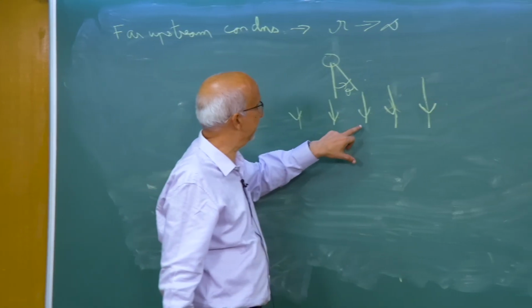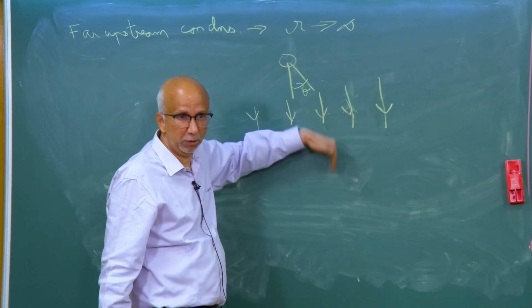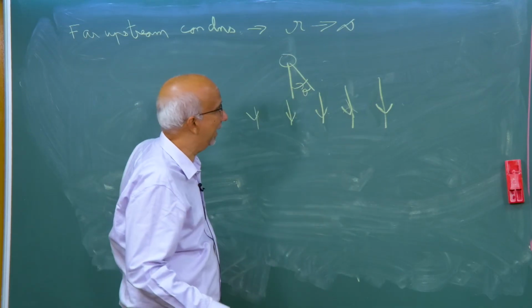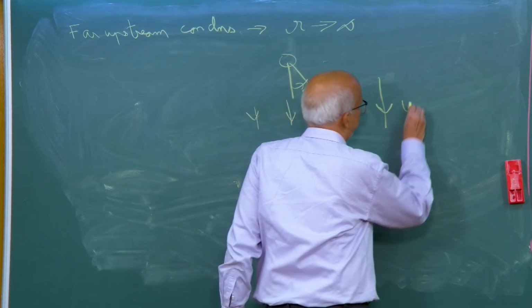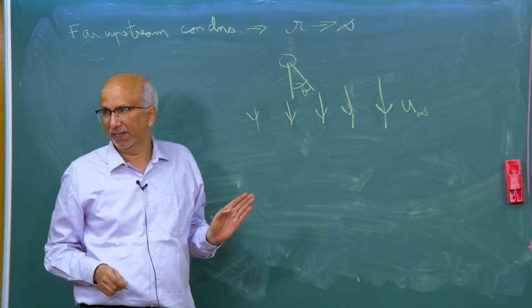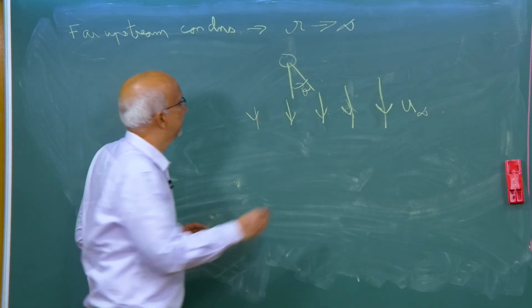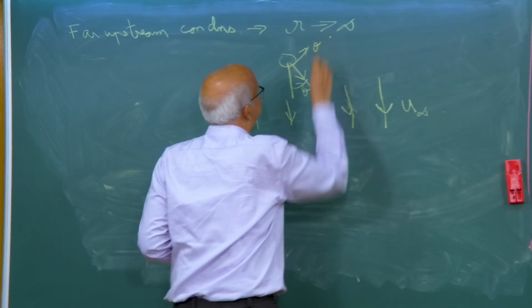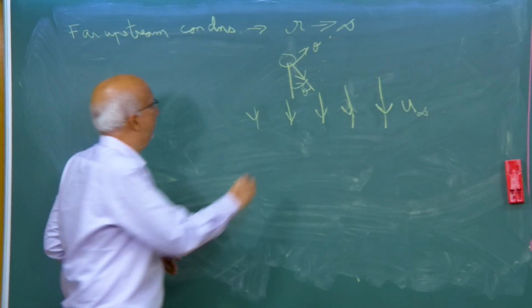So, this is the vertical component of velocity, which is uniform, everywhere is the same, and I think I said that was equal to u infinity. I am going to resolve this in the r direction and the theta direction. Okay. This is my r direction and this is my theta direction, and they are perpendicular to each other.